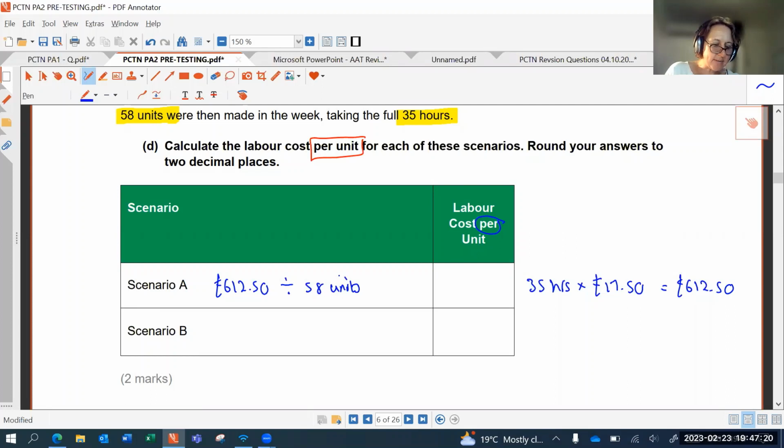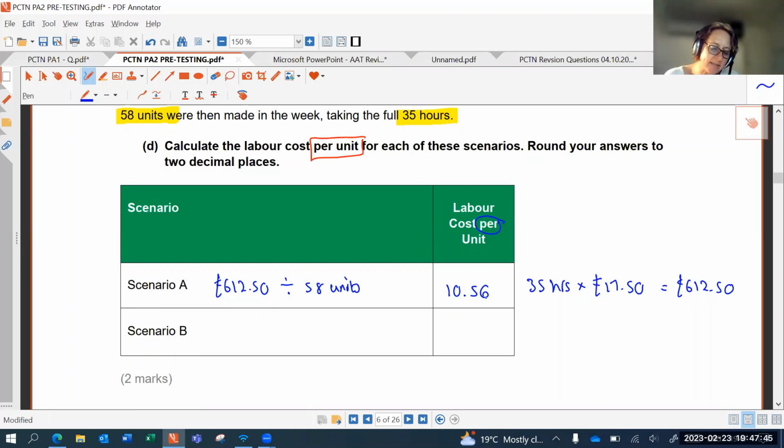So yes, it did cost me £612.50, but I made 58 units for that price. So I get an answer to 2 decimal places of £10.56, if you agree. Yeah, well done, Michelle. Spotting we needed to divide by 58. Excellent.